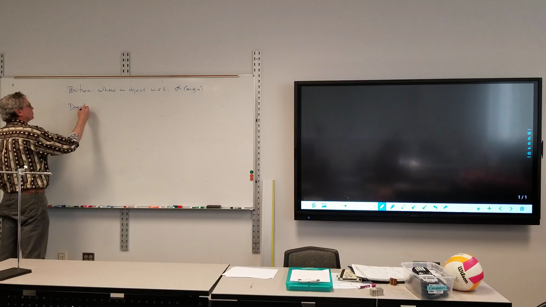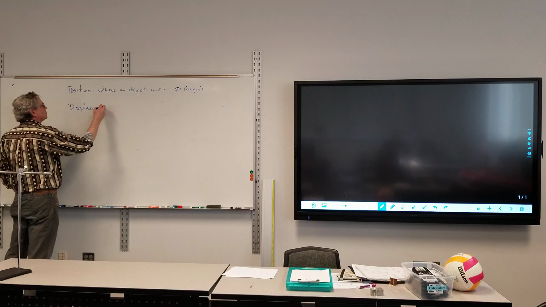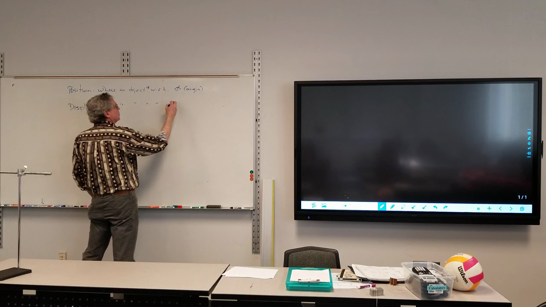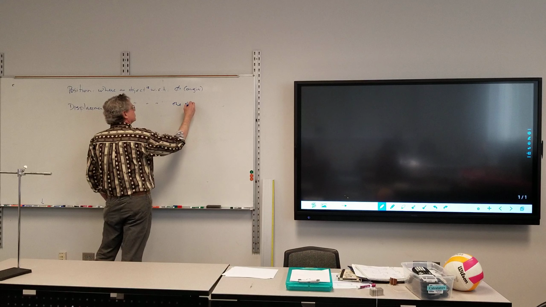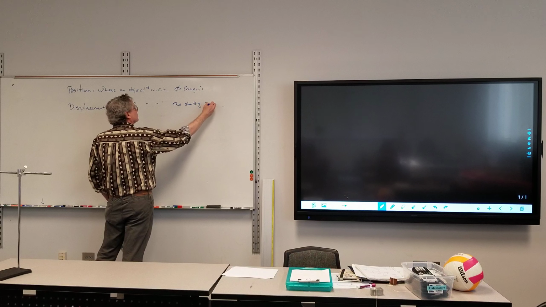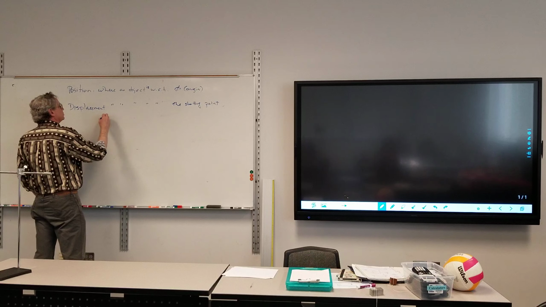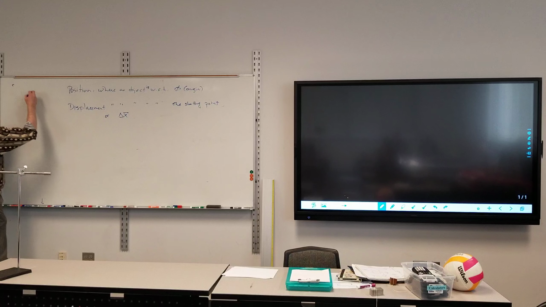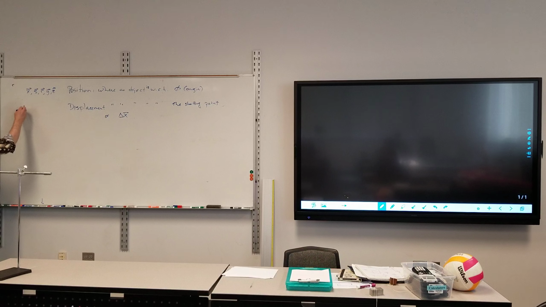Displacement, where an object is with respect to the starting point, or change in position. The symbols for position: X is what I tend to use, but S, R, Y, Z also work. For displacement, since it's change in position, capital delta represents the change, so we get delta X, delta S, delta whatever letter you're using for position.